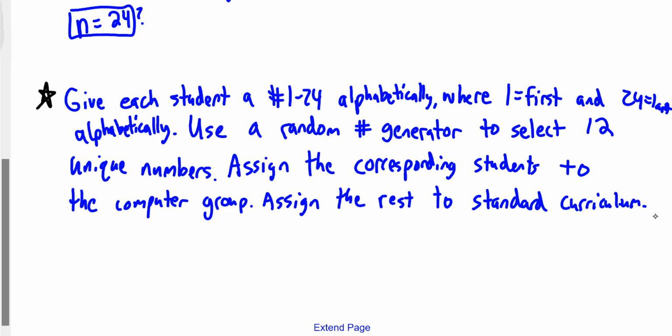So that is how I can explain my random process. You could use names in a hat, but you still need to go with the same things of assigning the students to something, using the random process to select. In this case, we have two groups, so they're going to each be 12. So we're going to select 12. All you have to do is select the first 12, and then you can just state assign the rest to the other one. All right?